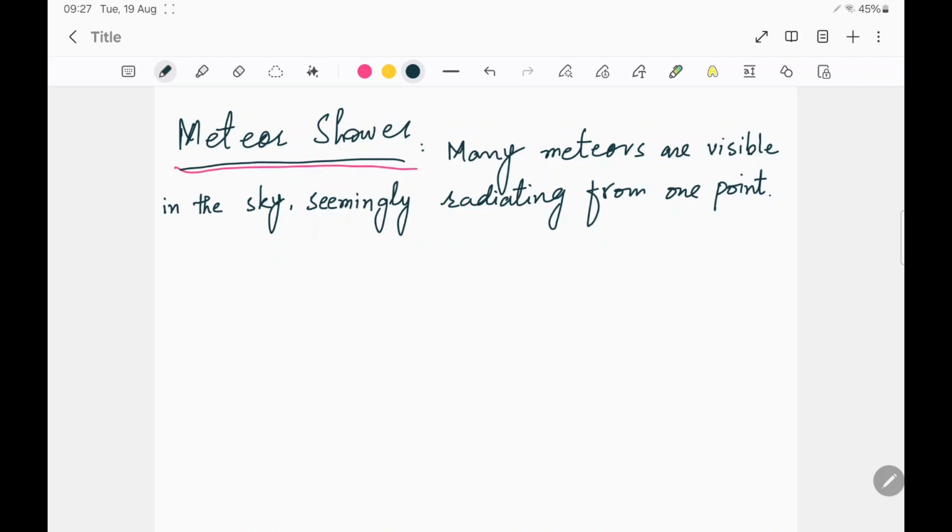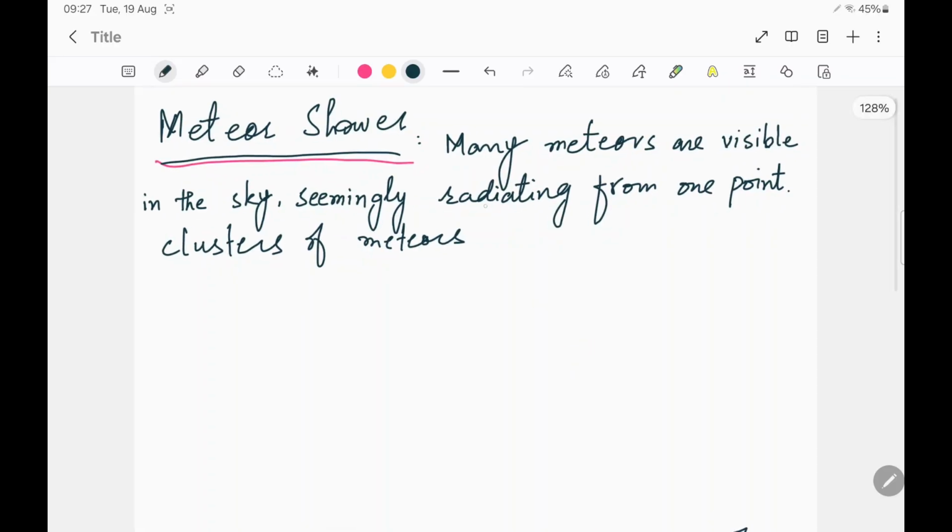And why do they occur? They occur when clusters of meteors enter Earth's atmosphere.